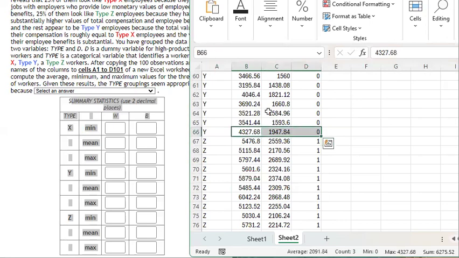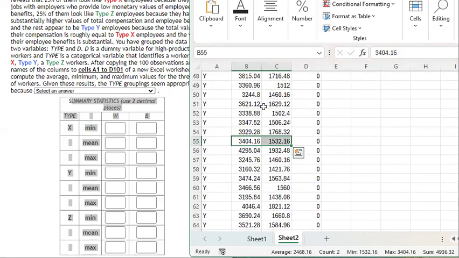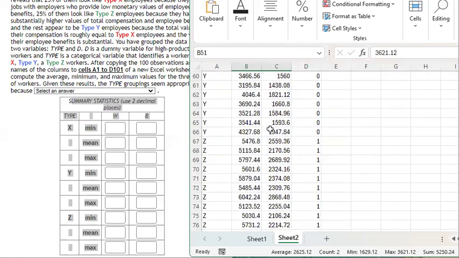Well, we're looking at 6,200, 4,600, 4,900. So total compensation for Y and Z, there's definitely some kind of threshold that turns an employee from a Y type employee to a Z type employee, right?